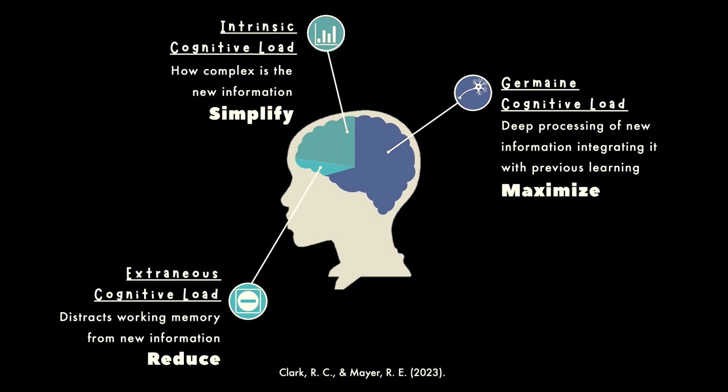So the idea underneath this is to simplify the visuals and only present the essentials, so we avoid the extraneous cognitive load and also cultivate the germane load. If you haven't, please go and check our first session of the podcast when we talk about this subject. So go ahead and take a look at that.